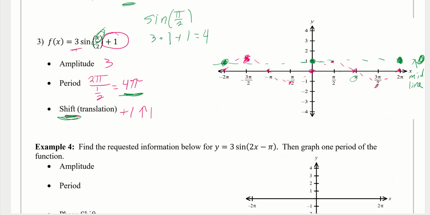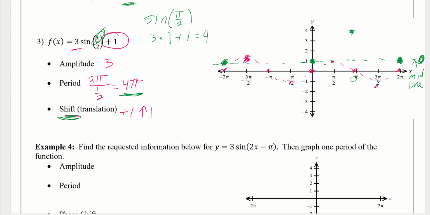Right, so again, my green dotted line is my midline. So halfway between 0 and 2 pi, which is pi, I'm going to go up to 4. But if you notice, that's an amplitude from my new midline. It's an amplitude of 3.